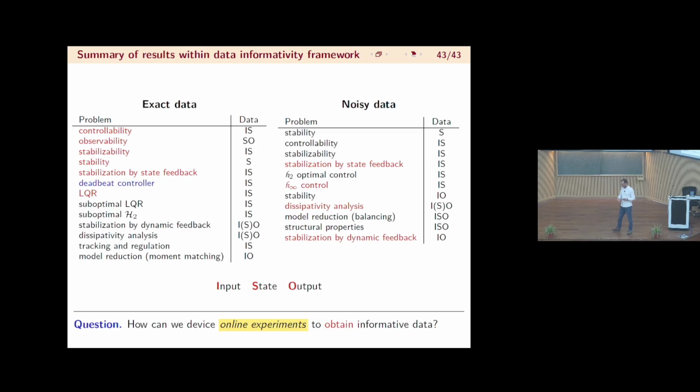First we are going to study necessary and sufficient conditions for data informativity for system identification. Once we obtain those conditions, then we will ask ourselves how we can design an online experiment to identify the system as soon as possible.